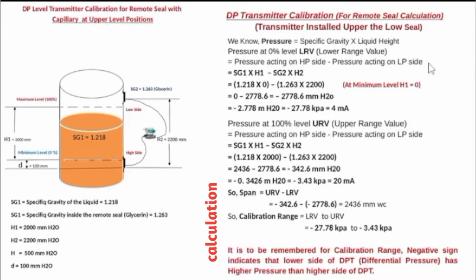Now we will see the calculation. We know pressure is equal to specific gravity into liquid height. Now the pressure at 0% level, LRV, lower range value, is equal to pressure acting on the HP side minus pressure acting on the LP side, and this is the HP side, high side, and this is the low side.